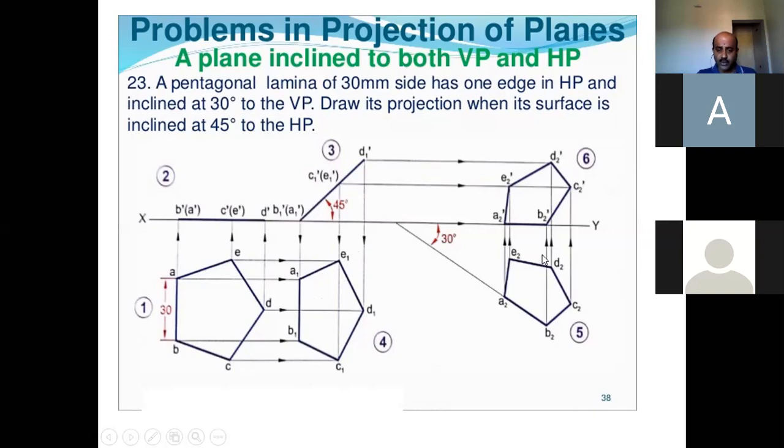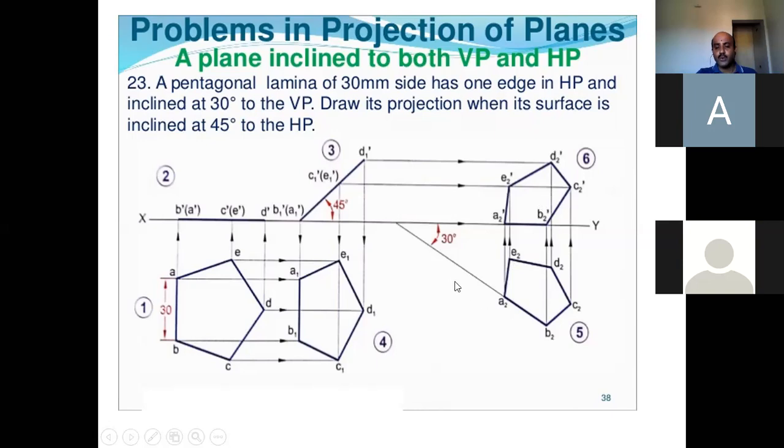Take a sufficient distance from the XY line, because one important thing you should remember here is that the top view should not cross the XY line for any reason. So take a sufficient length of line. Make sure that once you draw a pentagon over here, none of the points cross the XY line. This is the important thing when you're doing it on a sketch.